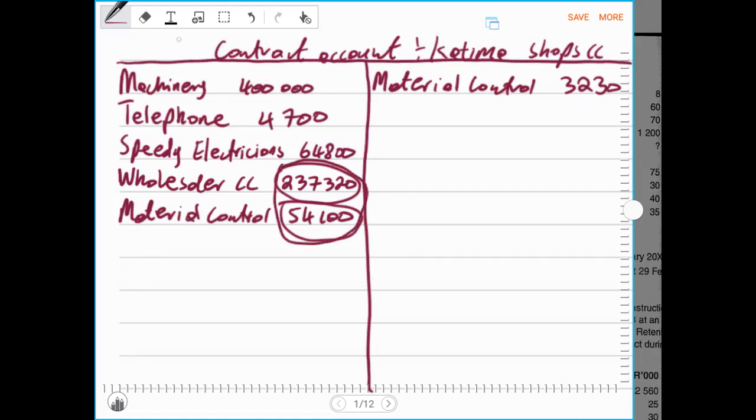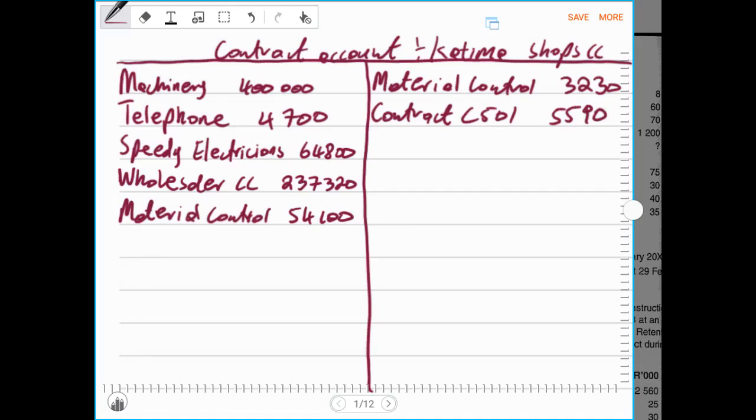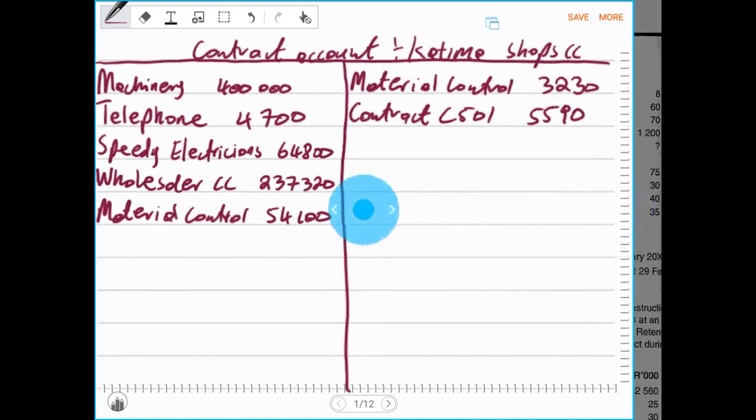We are busy working with these materials, and because another contract needs some material, we transfer some from here. It should be recorded on the credit side to indicate that we are taking material out of this contract and transferring it to another contract. So it will be credited, and the contra entry will be contract C501, recorded as 5,590 rands.